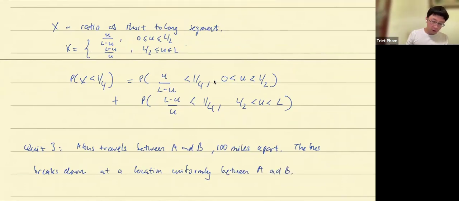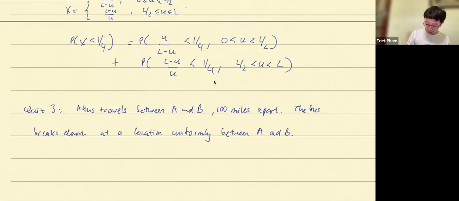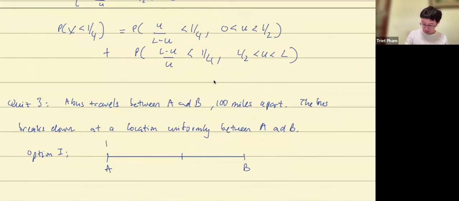So there are two options. You have to service the bus. Option one is to place the stations at A, B, and at the 50th mile in between, so there are three service stations.